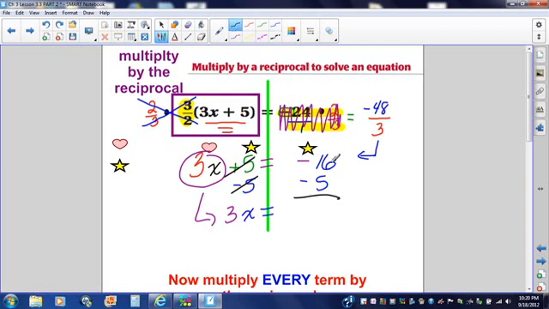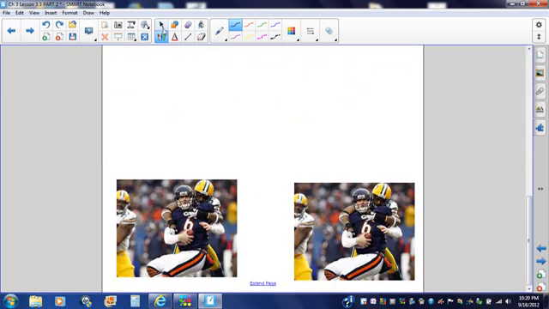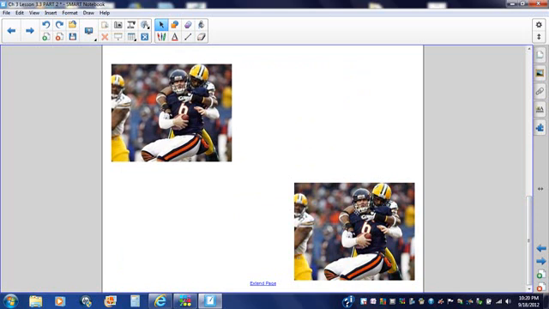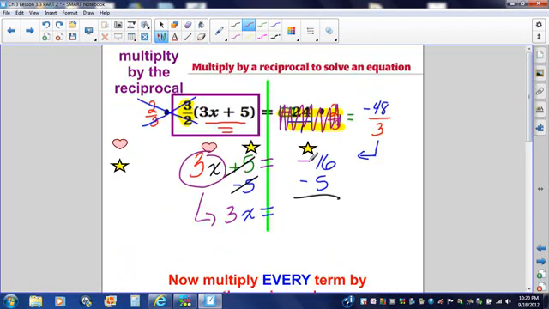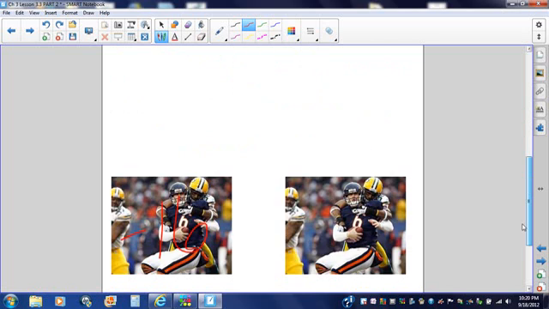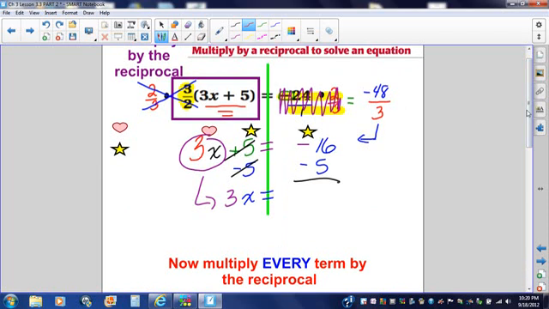You have a negative 16 and a negative 5. Let's pretend, because I know it wouldn't happen in real life, that Jay Cutler was sacked for a 16-yard loss. There's your negative 16. Let's pretend that Jay Cutler on the next play is sacked for a 5-yard loss. There's your negative 5.